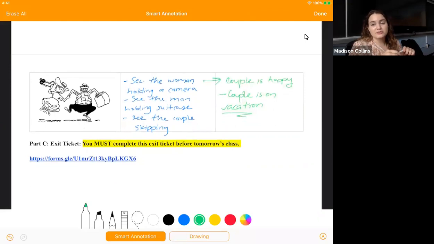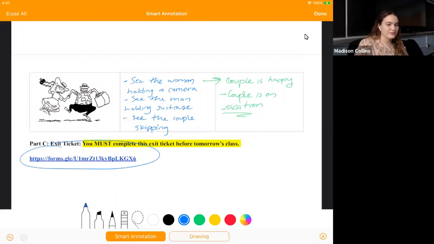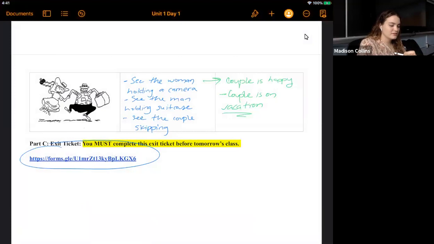All right. Now, please write down any questions you had about today's lesson, and I will be sure to answer those questions in tomorrow's meeting. But one final thing that I need you guys to do, every single day after you've completed this notes worksheet, you're going to see something called an exit ticket at the bottom. This is going to be how I track your understanding of today's lesson. So what you'll do when you're done with the lesson is you will actually click on this link. So you should be able to access this on a computer. You can access this on a phone. Hold on, this doesn't want to work. Wait for it. There it is.